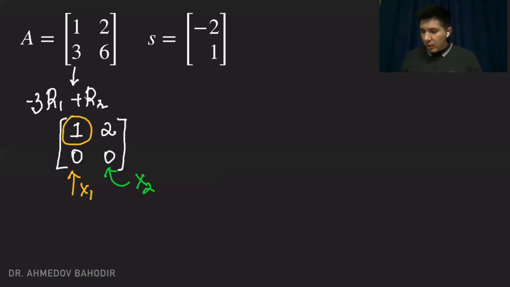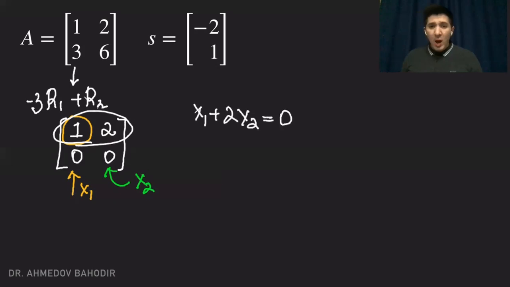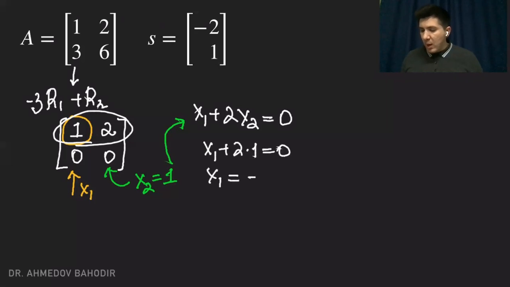So we are going to solve the system, which on the first row is x1 plus 2x2 is equal to 0. Obviously, it has infinitely many solutions, right? What we are going to do is set the free variable to be equal to 1 and plug this in. What we get is x1 plus 2 times 1 is equal to 0, or x1 is equal to -2.